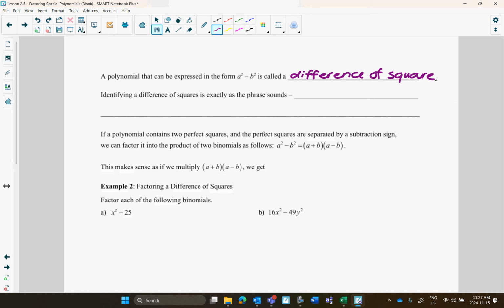It's exactly as the phrase sounds: two perfect squares separated by subtraction. Because difference means subtraction, and difference of squares means the subtraction of two perfect squares.